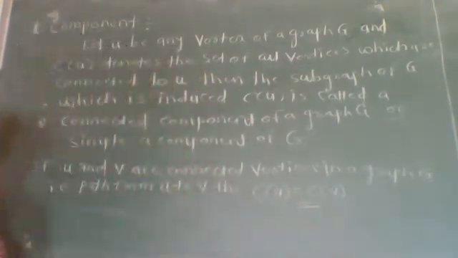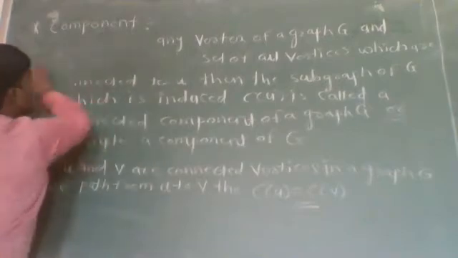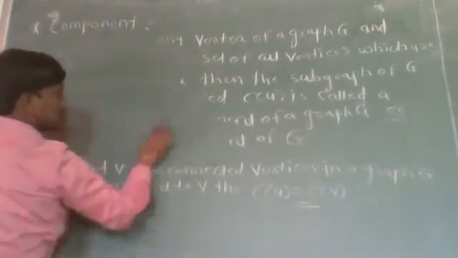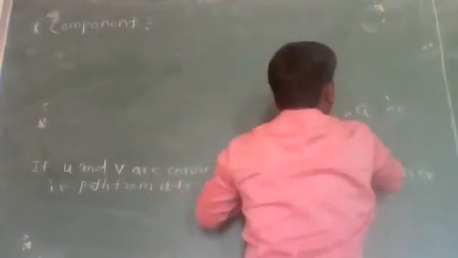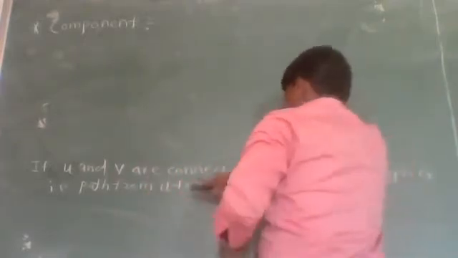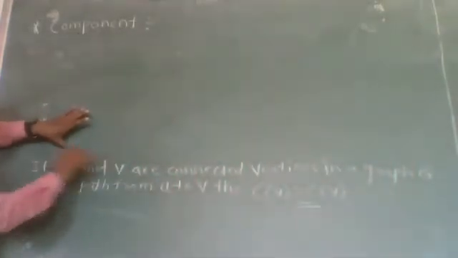Let us take one example. First, we take U and V as two connected vertices.